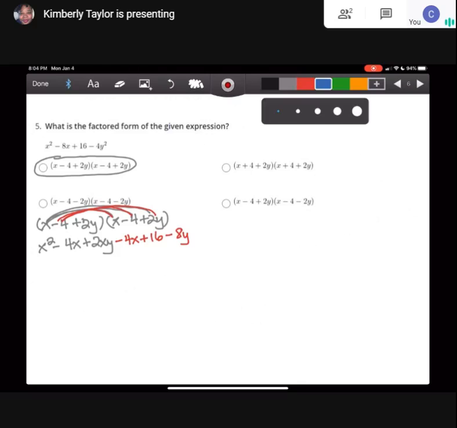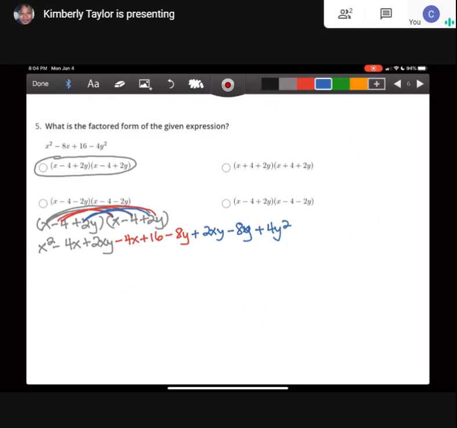Now let's do the last one. You have to do 2y times x, and you get 2xy. 2y times negative 4 gives you negative 8y, sorry. And then you do 2y times 2y, and you get positive 4y squared.